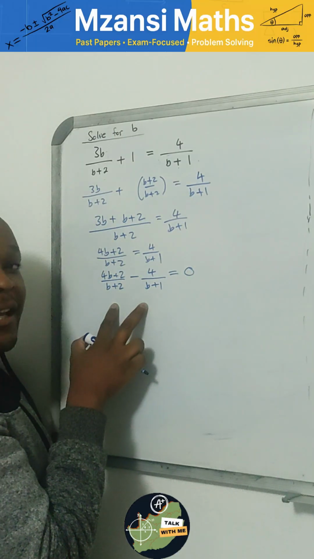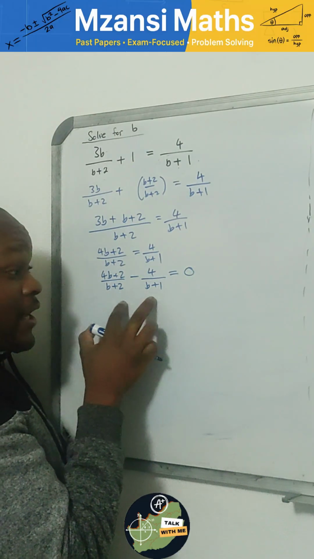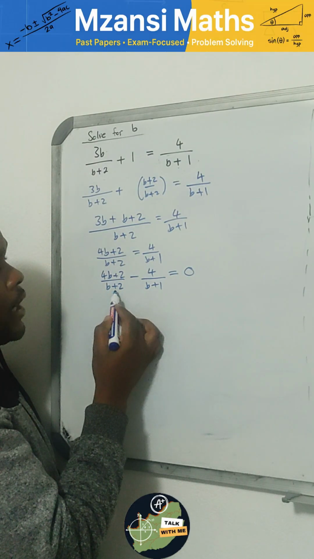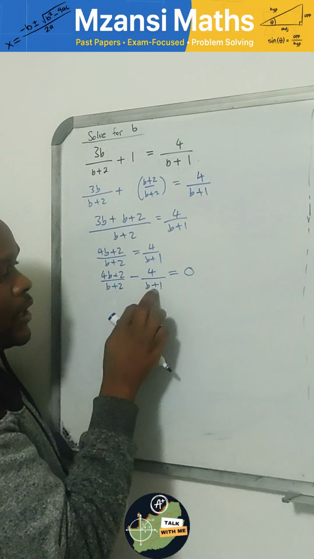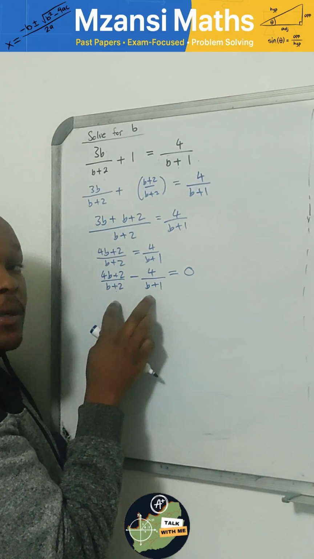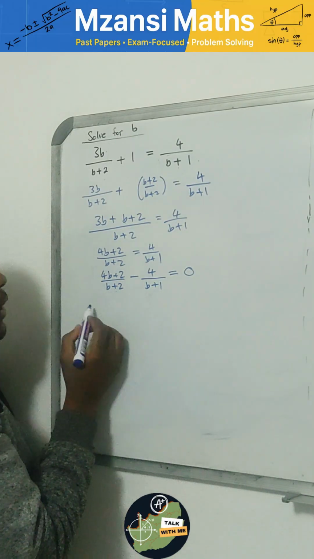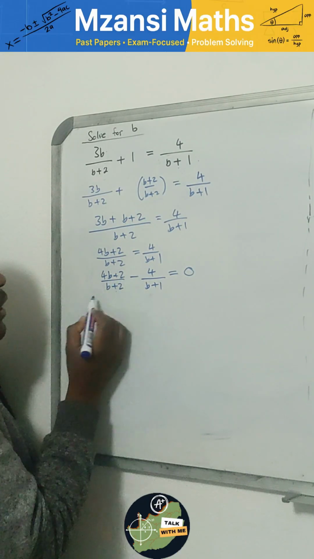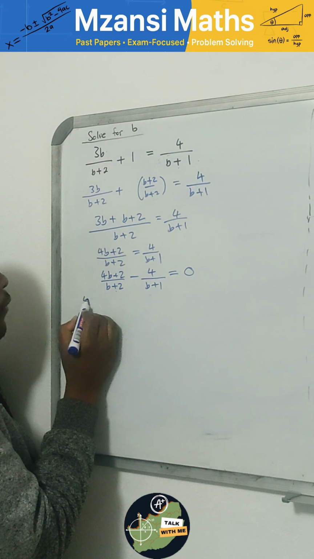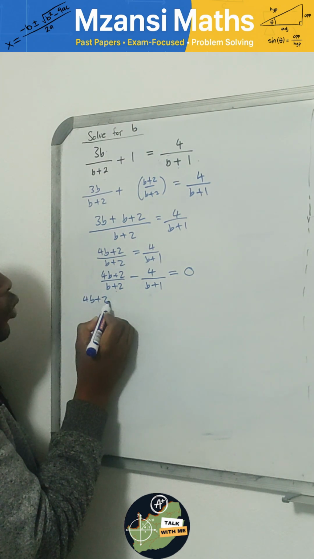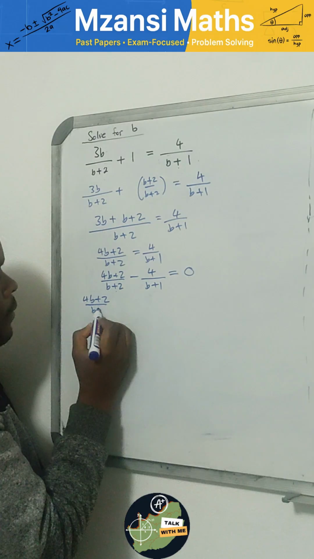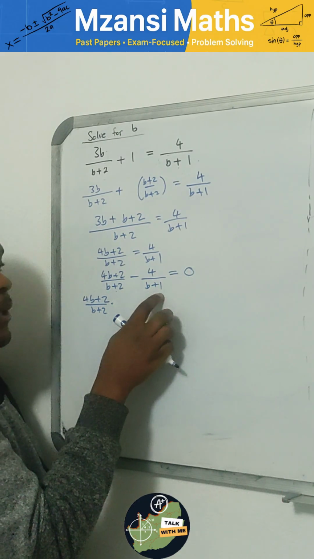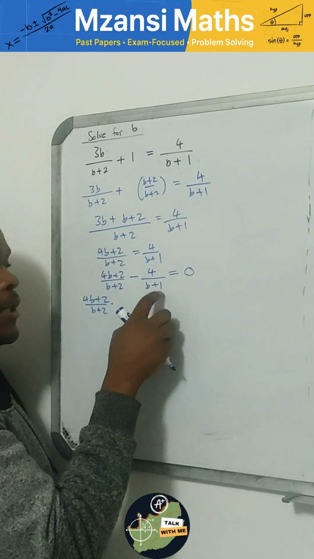I still need to find the lowest common denominator here. How do I do that? This denominator and that denominator are not the same. We need to find the lowest common denominator. The way of doing that is you take this fraction as it is, you write it here, you say 4b plus 2 over b plus 2 times, then you look at the denominator from the other fraction, it is b plus 1, right?